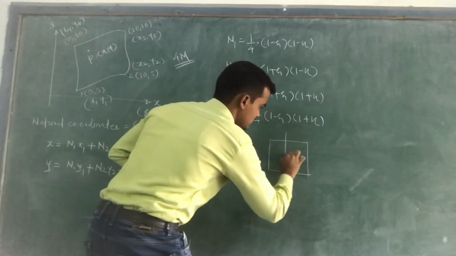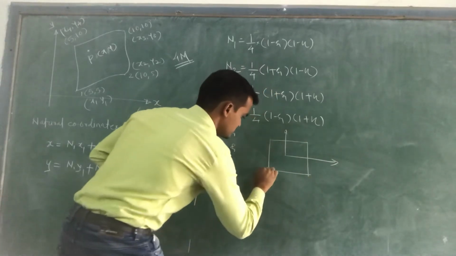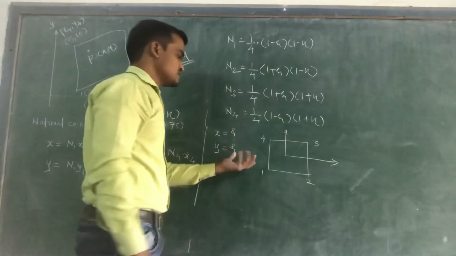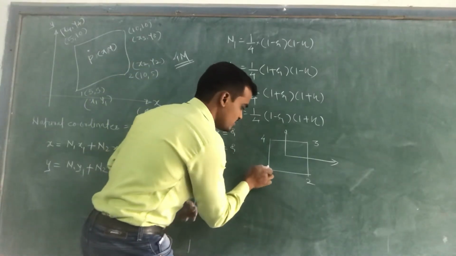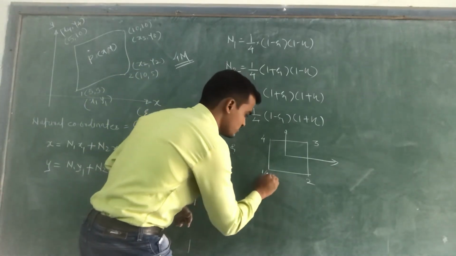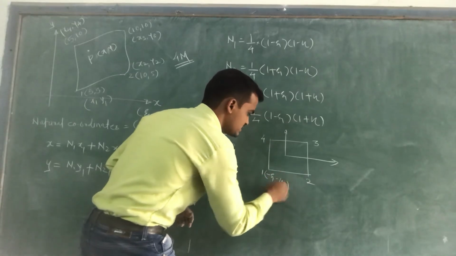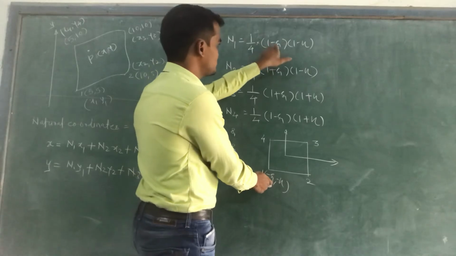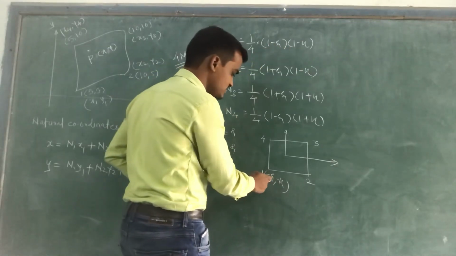Okay, as we know, this is your first node, second node, third node and fourth node. For the first node both coordinates are negative, meaning minus zeta minus eta. So for the first node, 1 minus zeta, 1 minus eta.